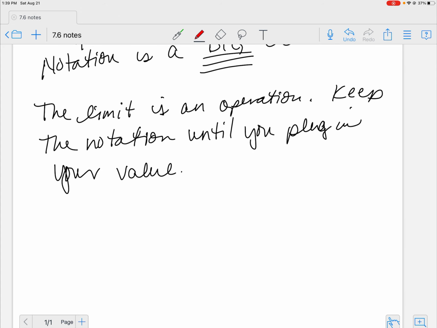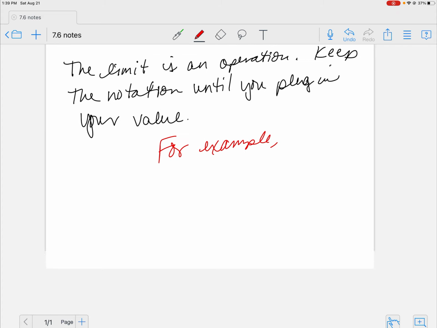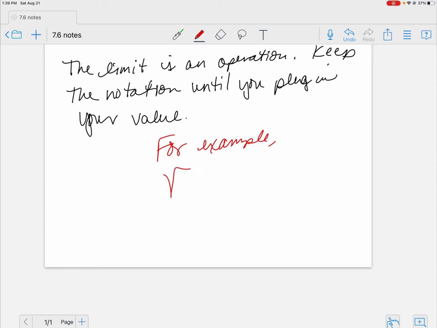So I always like to give this example, and those of you who've had me in class before know I like to say this. If I take the square root of 4, what is that? 2, because you do the operation of the square root of 4. So let's back it up just a minute. What if I have the square root of 3 plus 1?